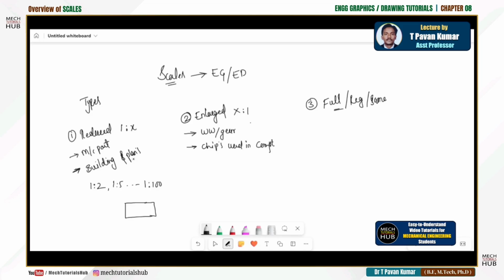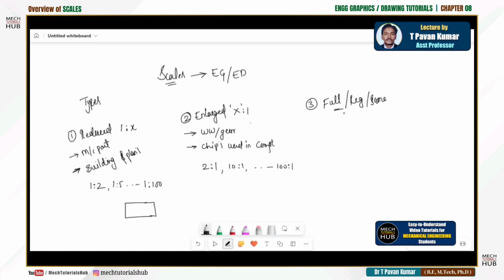You can't understand the drawing and you can't see the dimensions properly. In such a scenario, we try to increase or enlarge the size of the component. In place of X, I may increase by 2 times, or by 10 times, or by 100. Small components like wristwatches, small gears, or any tiny components are enlarged to show them on a sheet of paper.